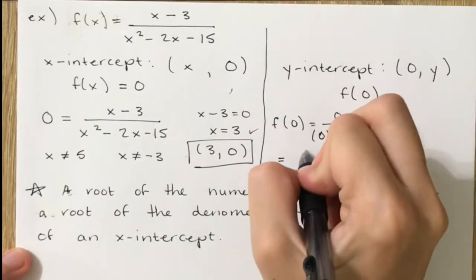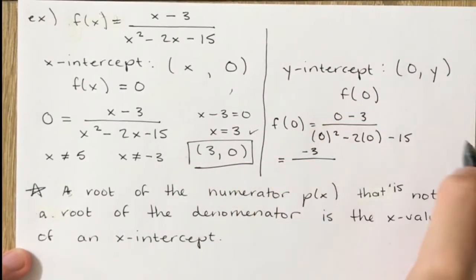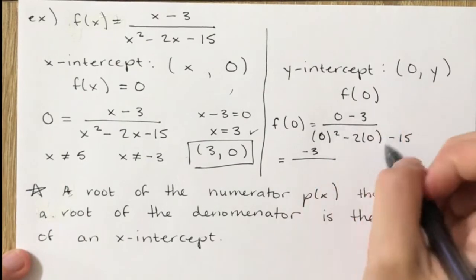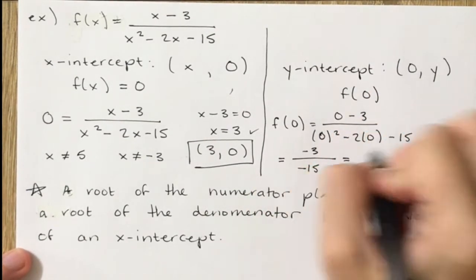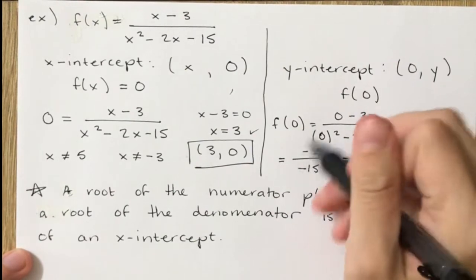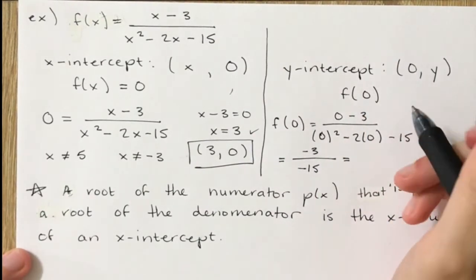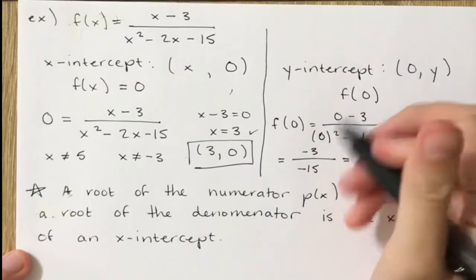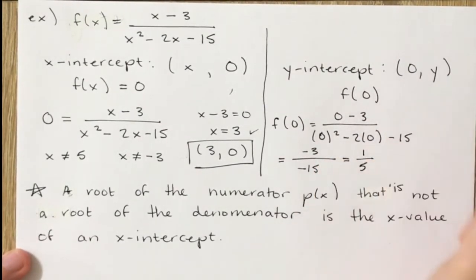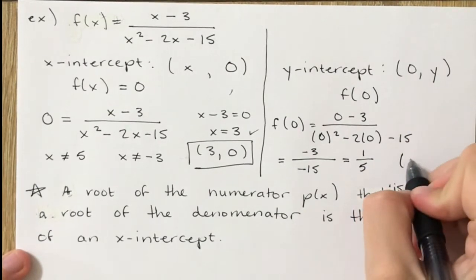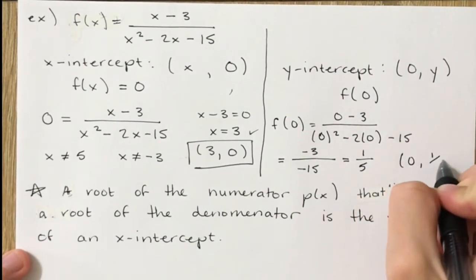That gives us -3 over 0, 0, -15. These negatives are going to sort of undo each other, right? So it's going to be positive. Then we've got 3 over 15, which reduces to 1/5. So we have a y-intercept of (0, 1/5).